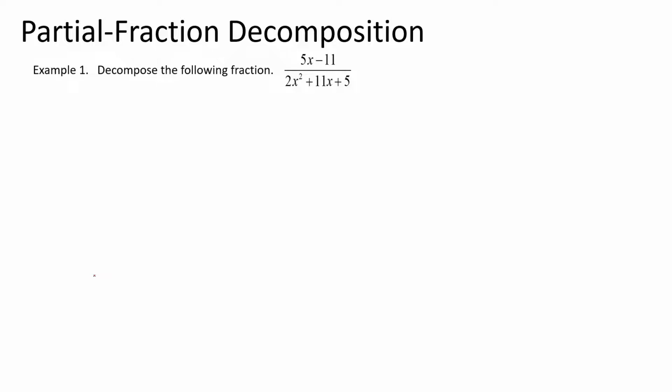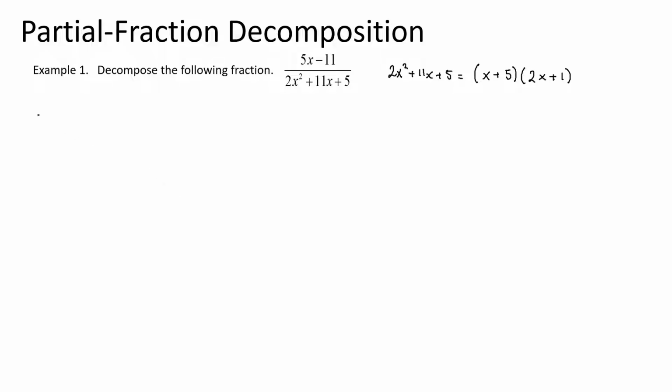So in this case, 2x squared plus 11x plus 5 will factor down to (x plus 5) times (2x plus 1). So the two factors in this case will be the two denominators that will separate these fractions.